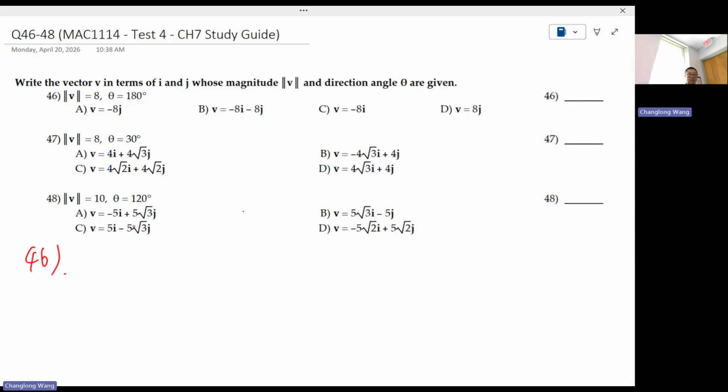So 46, given the magnitude and then the angle, x, the horizontal run, is the magnitude of the vector times cosine of the angle. So that will be 8 times cosine 180, whatever that angle is, put it in.